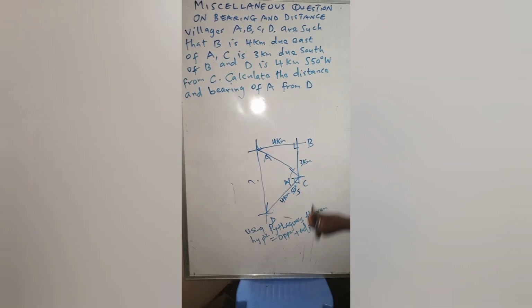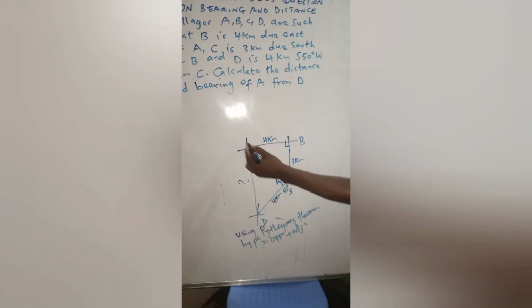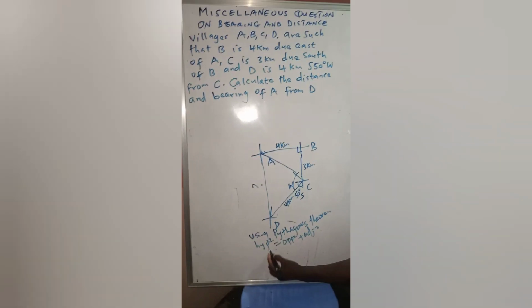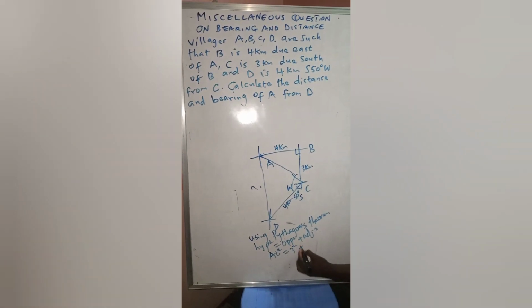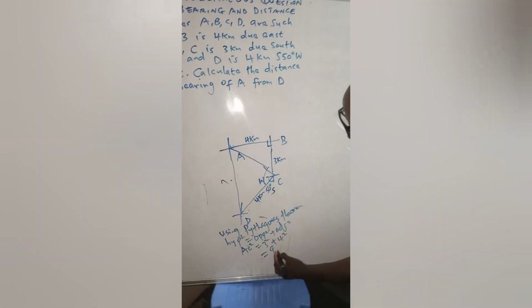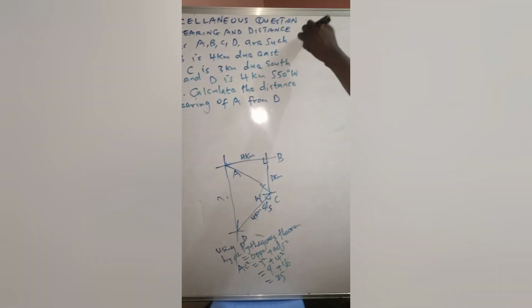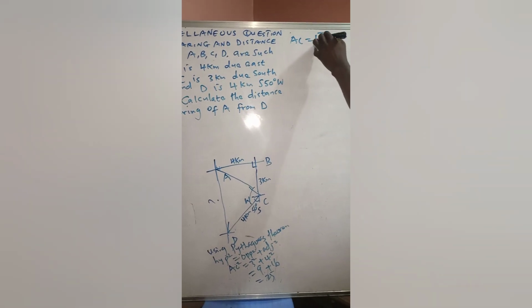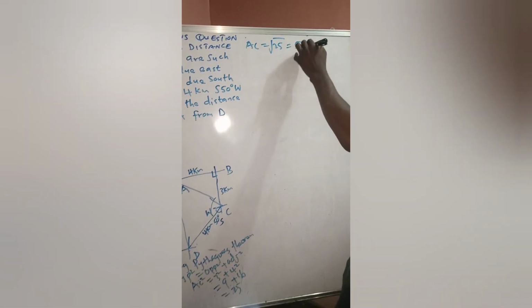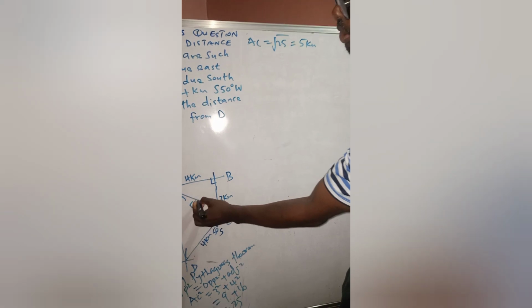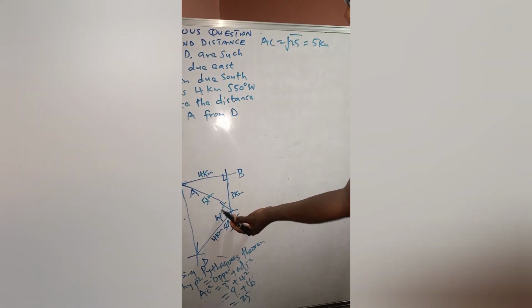So that's 3 and 4. The hypotenuse is AC. AC square is 3 square plus 4 square, that is 9 plus 16, that is 25. So AC is square root of 25, that is 5 kilometers.